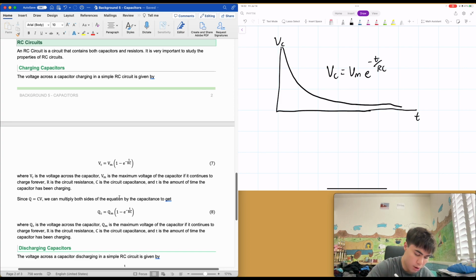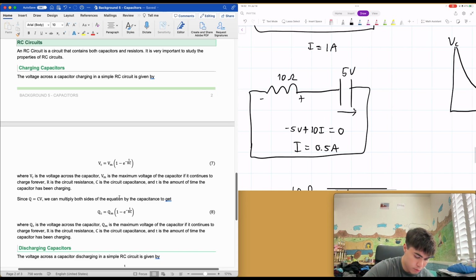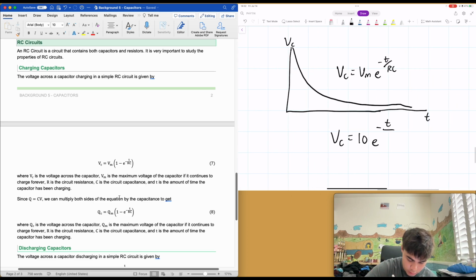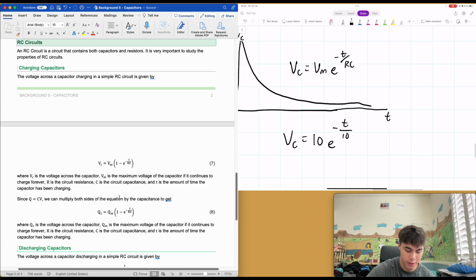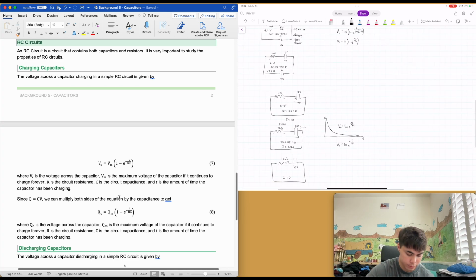So for our problem specifically, it's VC equals 10 times e to the negative t over RC, where R is 10 ohms and C equals 1 farad. So like that, and that's our equation for the voltage across the capacitor as a function of time.